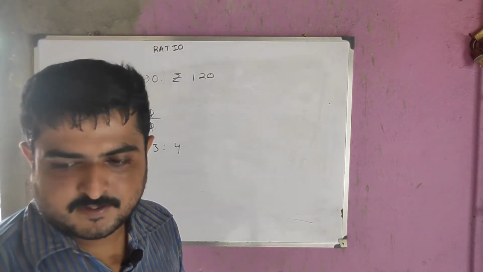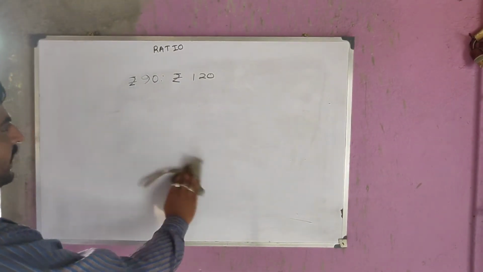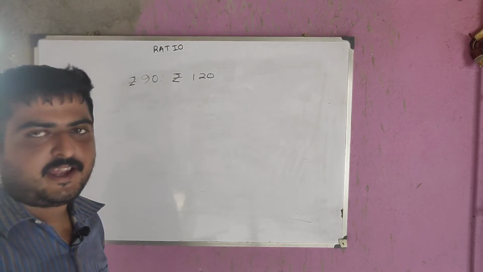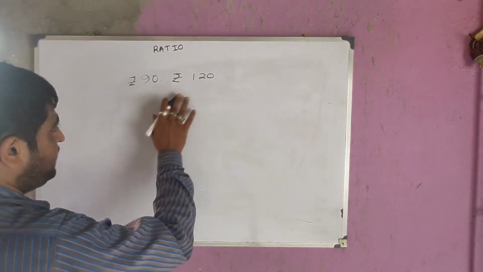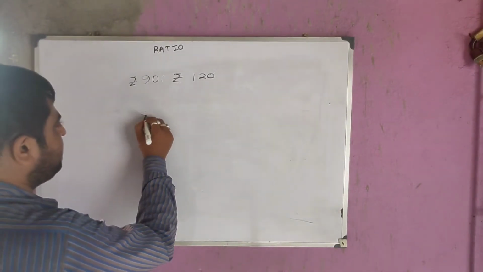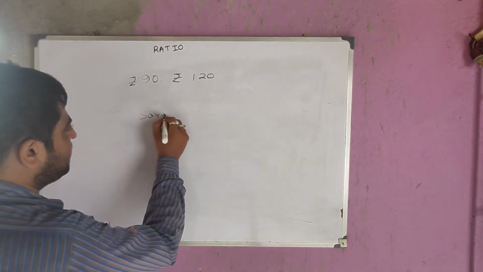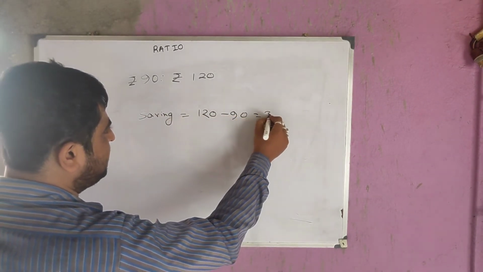Next, saving to income. If he earned rupees 120 and spent rupees 90, then how much is he saving? Saving is 120 minus 90, 30.